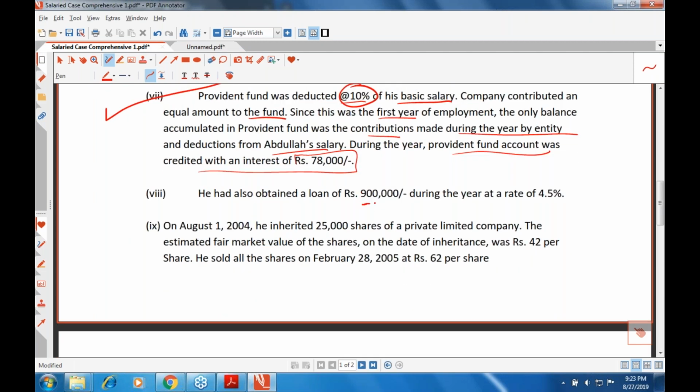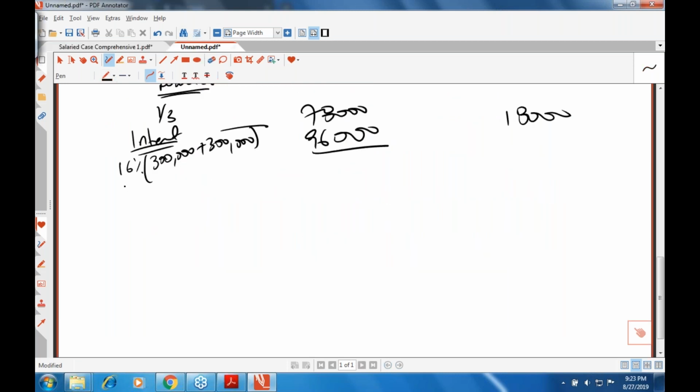He says he obtained a loan of 900,000 at a rate of 4.5%. So we know that whenever you get an interest-free loan or a lower rate loan, the interest on the loan is going to be 5.5% multiplied by 900,000. Now where did we get this 5.5%?